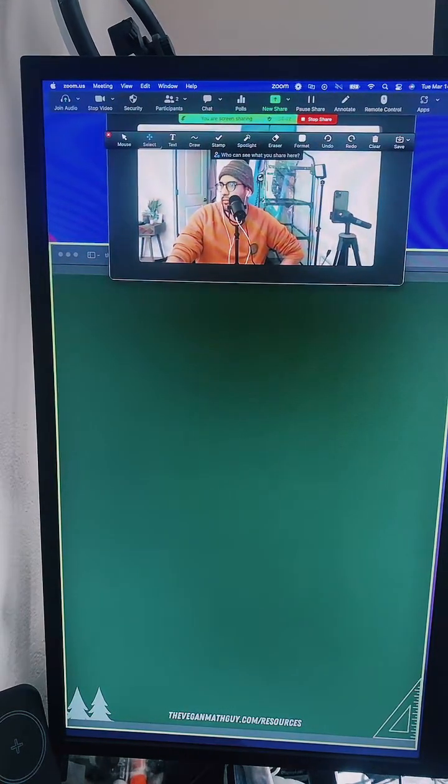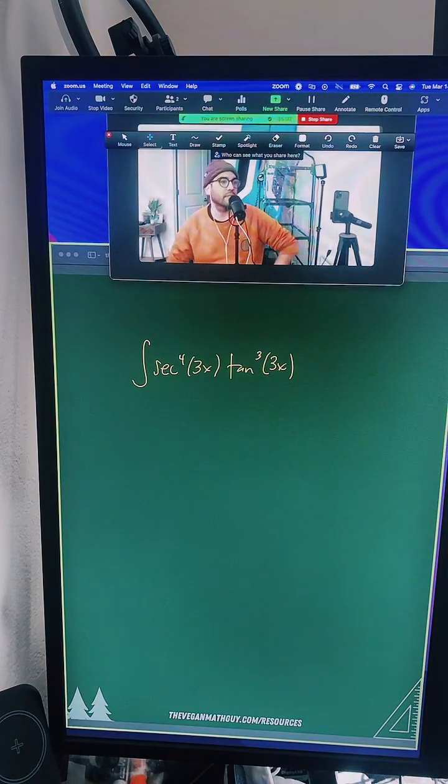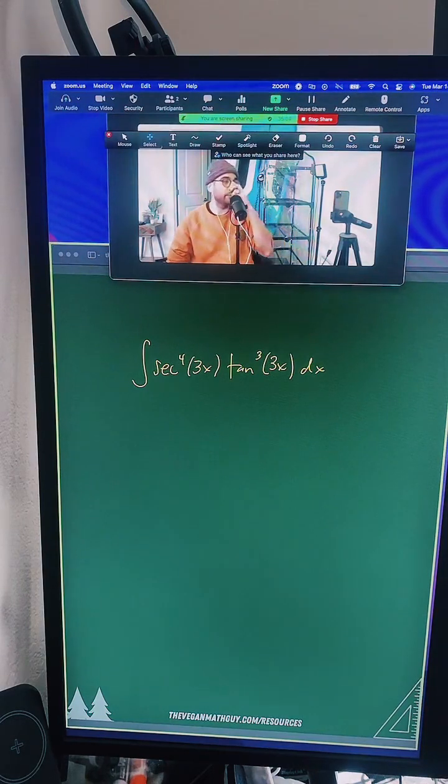Hold on. Someone had mentioned, okay, Arturo had requested secant to the 4th power of 3x times tan cubed of 3x dx. Any thoughts, guys?